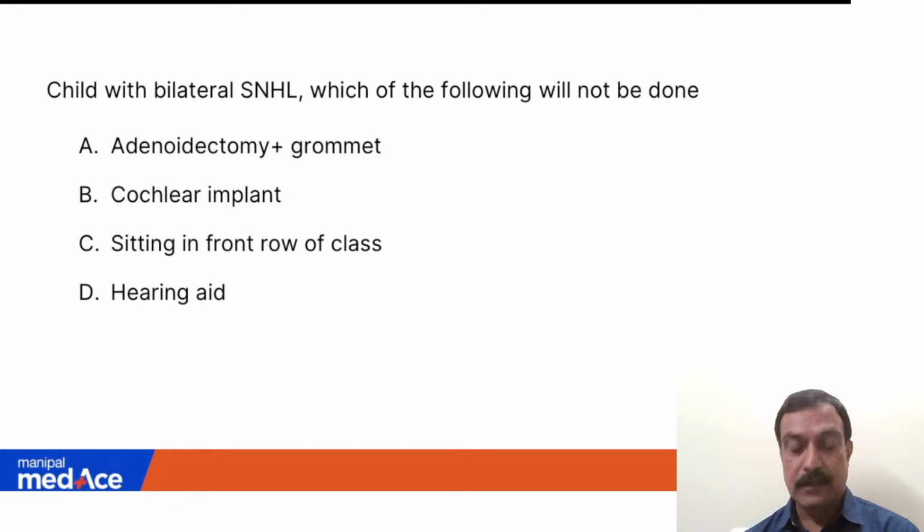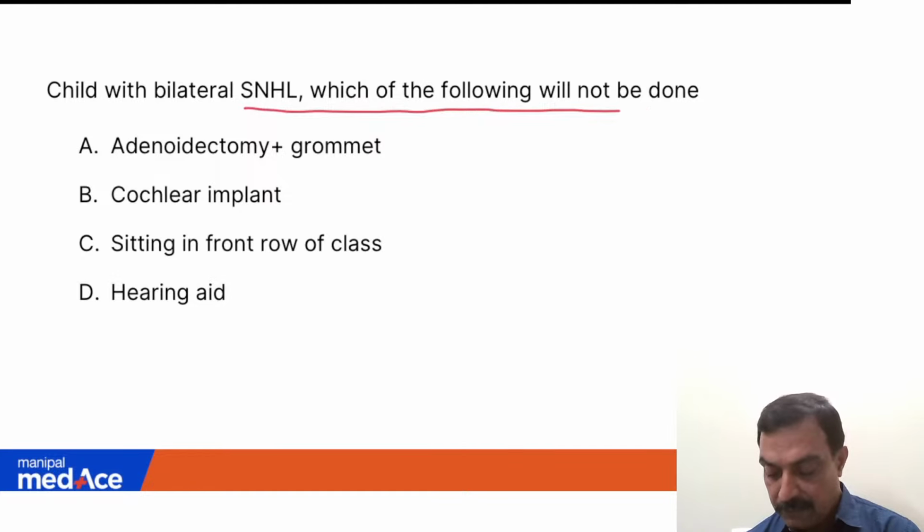Now next, I think this has already been discussed by the ENT staff here earlier, but since it is common to pediatrics as well as ENT, I'll just discuss this question. A child with bilateral sensorineural hearing loss, which of the following will not be done?